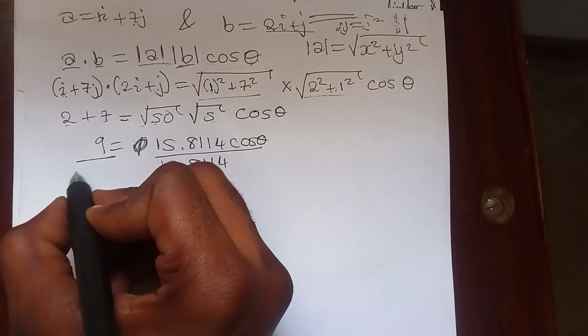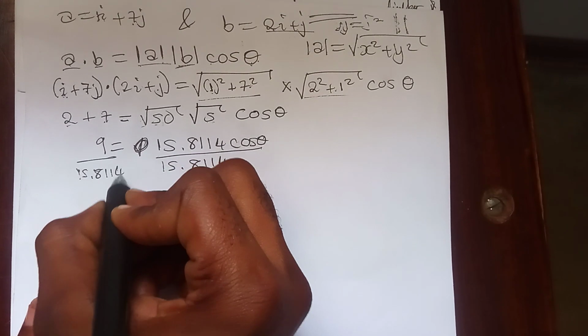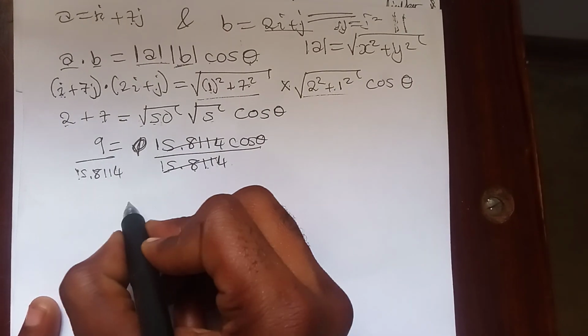So to solve for theta, we can divide both sides by 15.8114, this, and that will go.